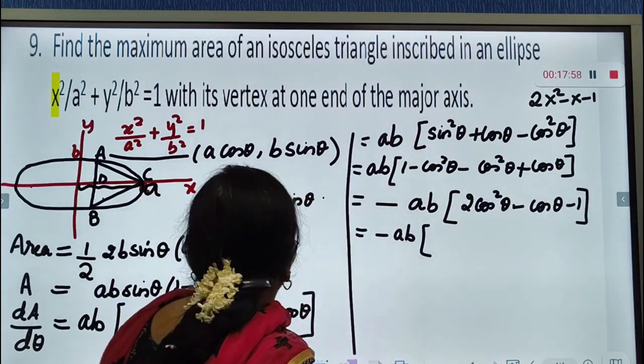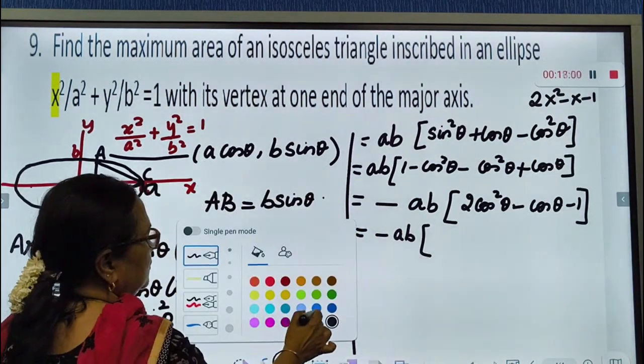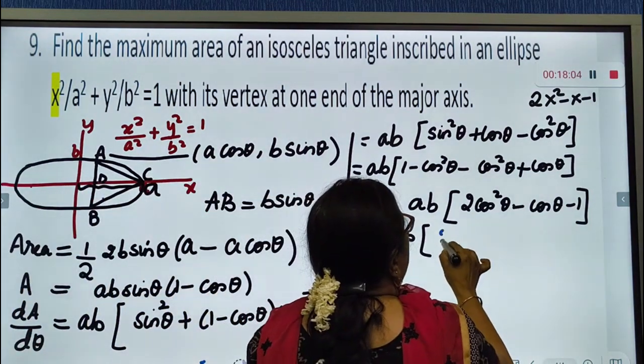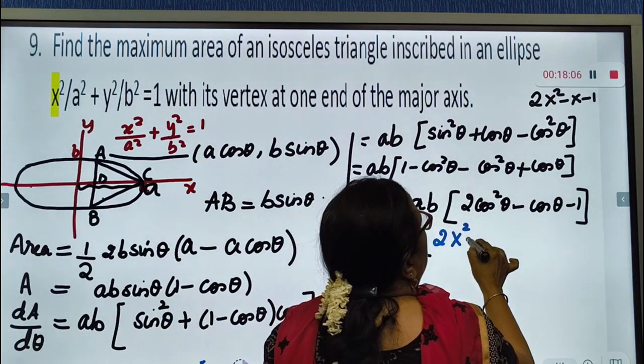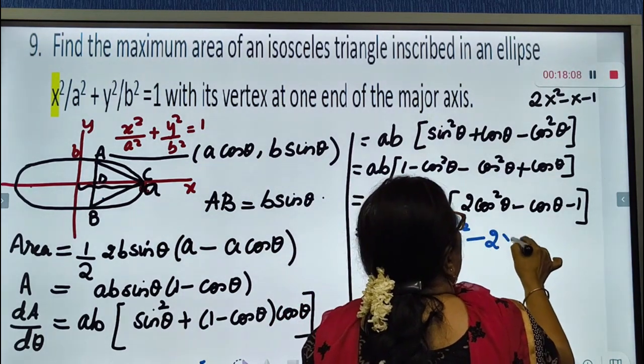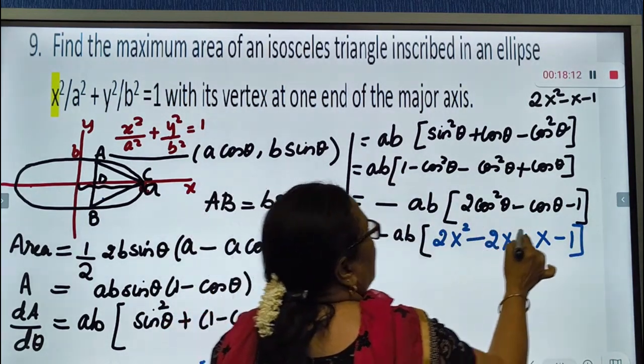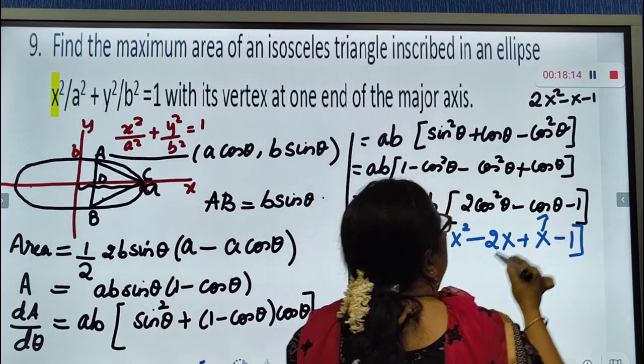So when you factorize them, what will you get? I can write it as 2x square minus 2x plus x minus 1, where x is cos theta.